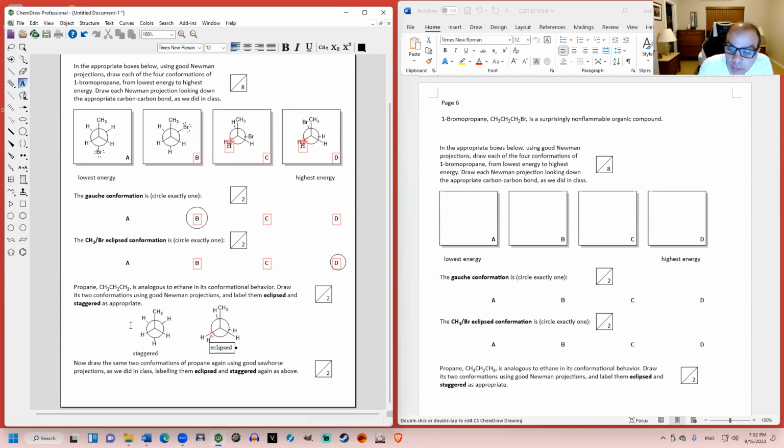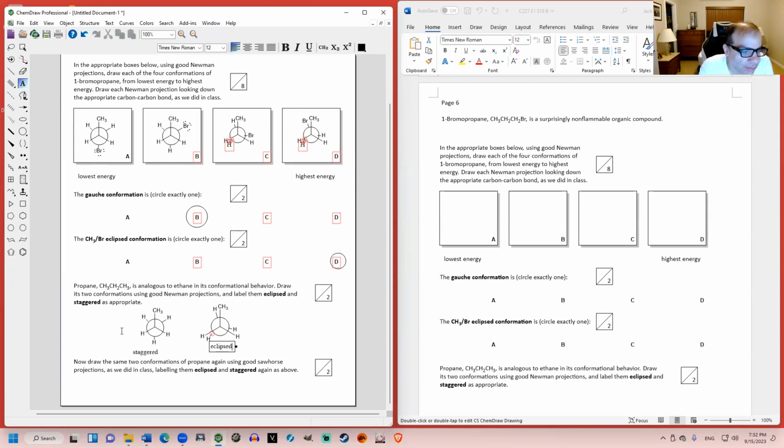Hopefully this is making sense so far. I actually don't have room to put the sawhorse projections. So here's what I'll do.